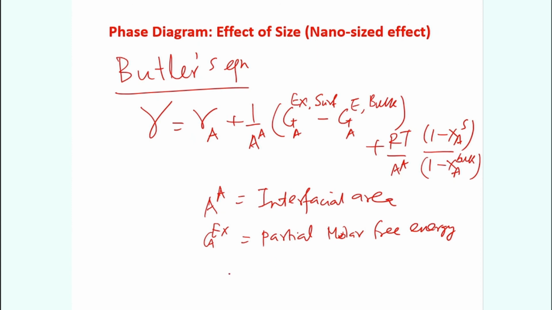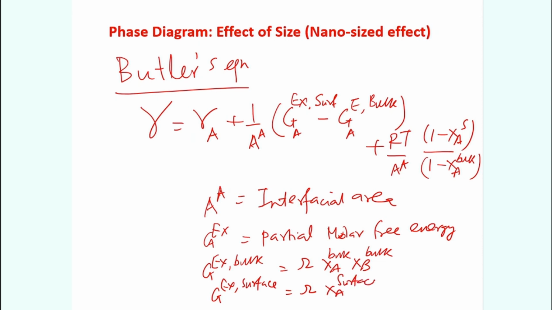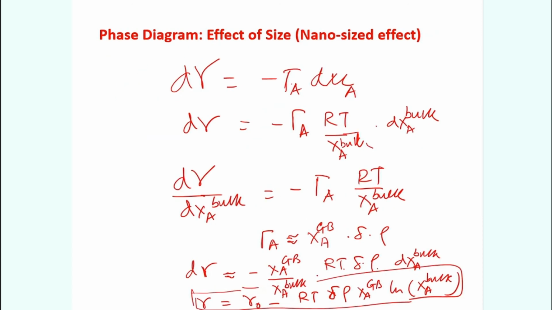For bulk you understand, no? For G excess bulk I have written already gamma XA XB. So, these are all bulk compositions. So, G excess surface will be gamma XA surface XB surface. So, one can use this also, straightforward. Either of these two equations, but this one is very simple, which you have done, and you can plug in there. That is something you should know.